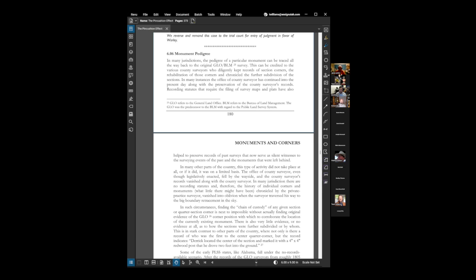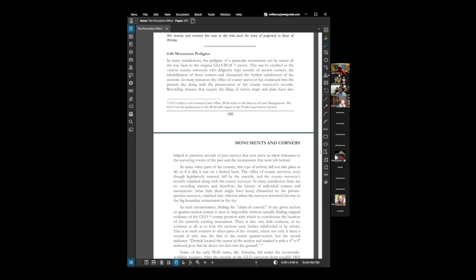Hey, James, what about in your neck of the woods? In Arkansas, there's very little responsibility from a statute standpoint about GLO corners. If they're provable, they're where they were originally set.